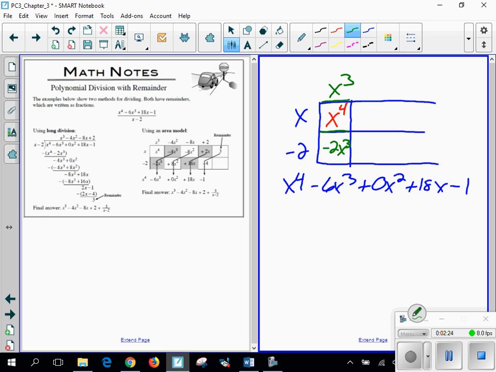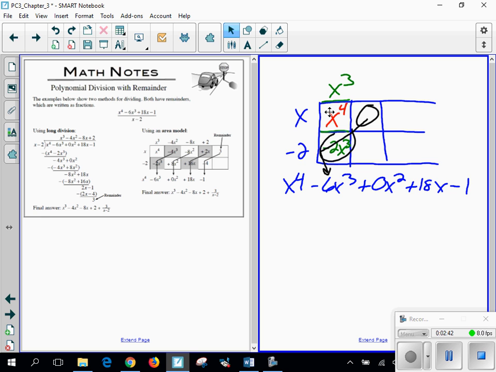Here's where we have to get a little bit creative: whatever is in these two boxes, this one and this one, have to add up to negative 6x cubed.